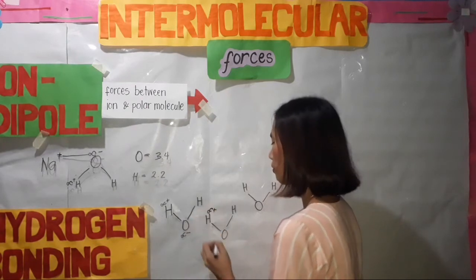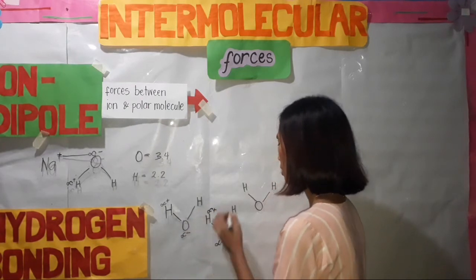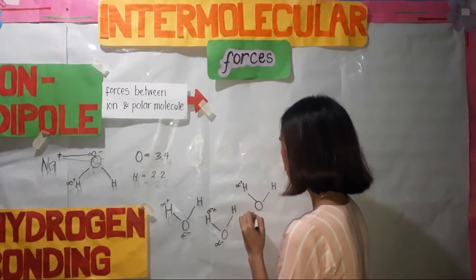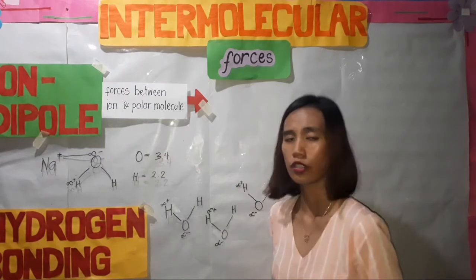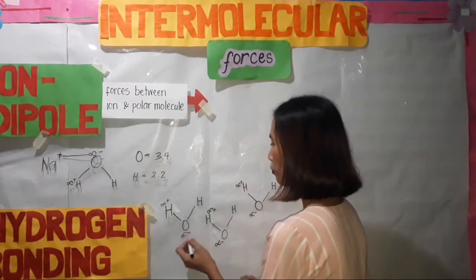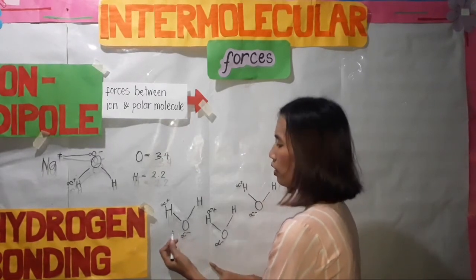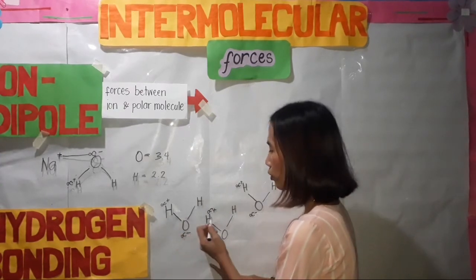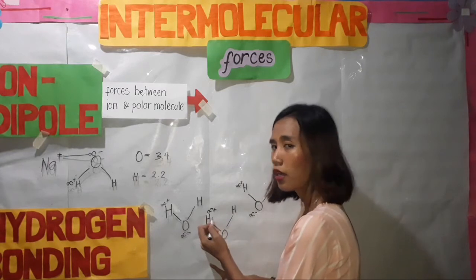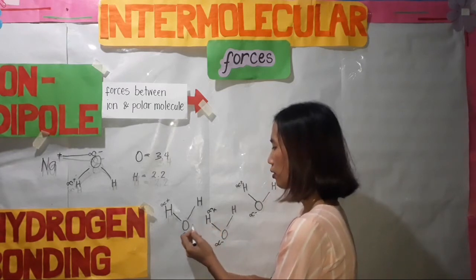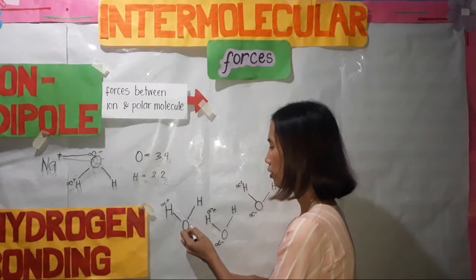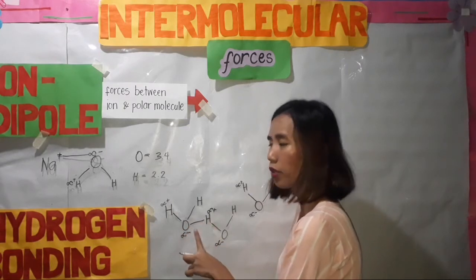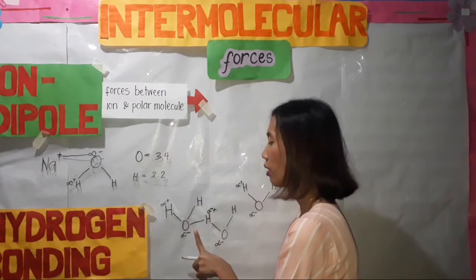The hydrogen bonding will be formed because the oxygen of one molecule is attracted to the hydrogen of another molecule. So this is what we call hydrogen bonding.